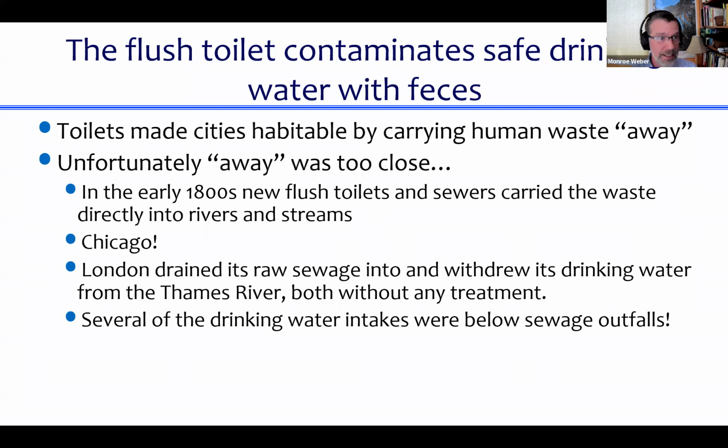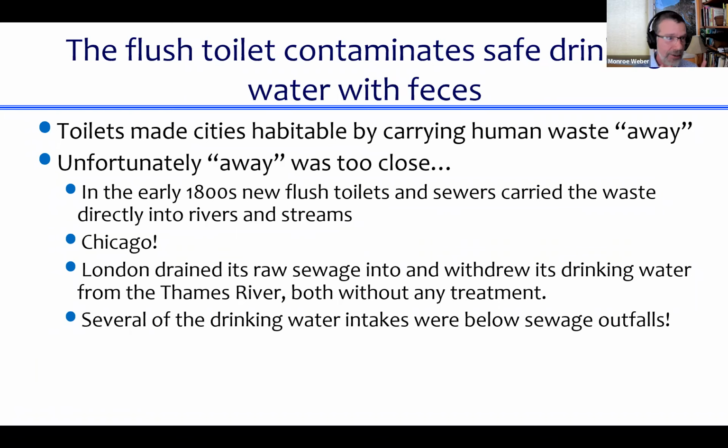But they did this amazing thing where they made cities habitable. They removed human waste from cities by connecting to a sewer. The water you used to flush the toilet carried the waste down the sewer, so there wasn't so much human waste easily accessible in the city. That was a good thing at that level.